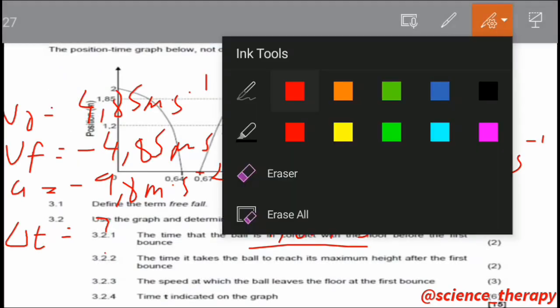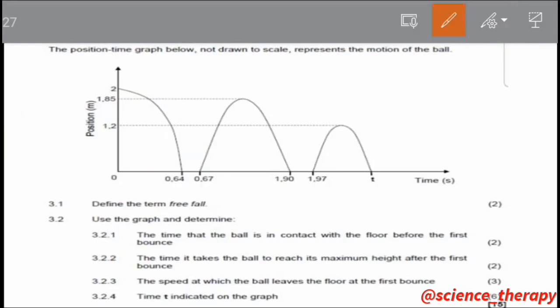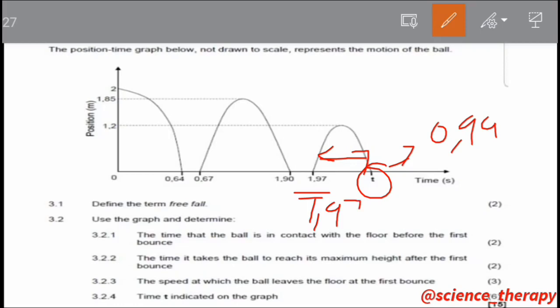But remember, here we are looking for t as a value. We are not looking for the time it travels on the second bounce. So we cannot say t is 0.99, because you can see we have 1.97. The 0.99 is just the time in between 1.97 and t. So in order to get our t, we have to say 1.97 plus this 0.99.